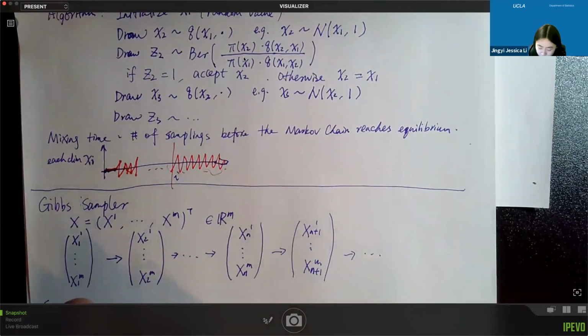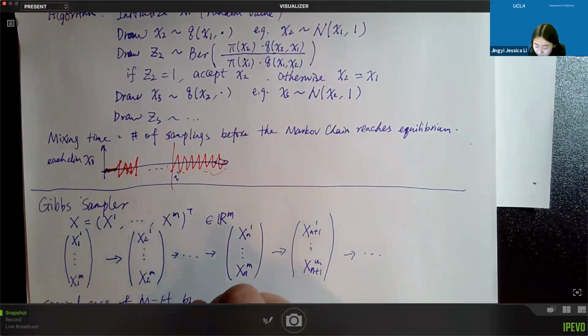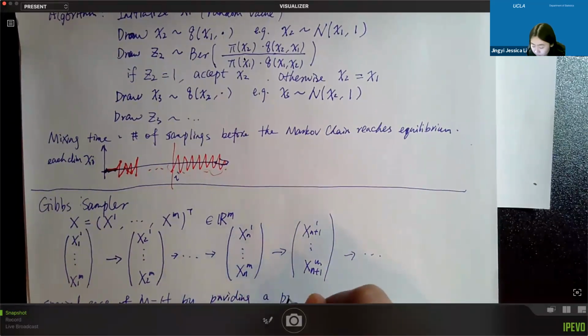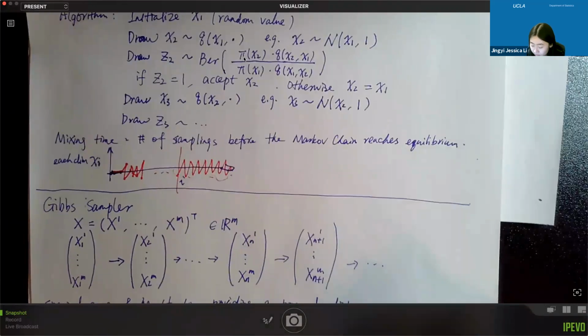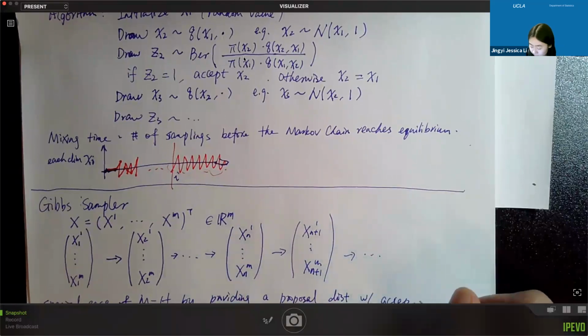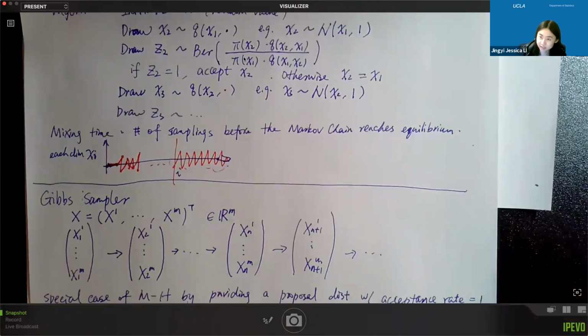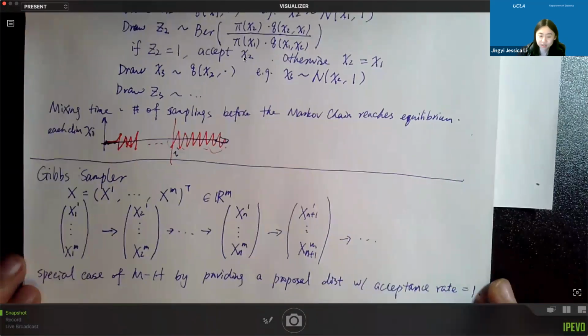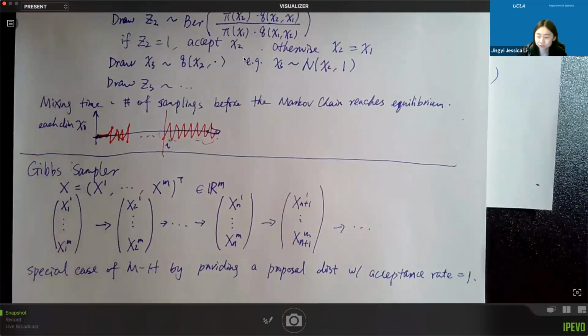So this is a special case of Metropolis-Hastings algorithm by providing a proposal distribution with acceptance rate equal to 1. So you always accept the sample you draw next. So that gives us a very efficient way of growing the Markov chain and doing sampling.